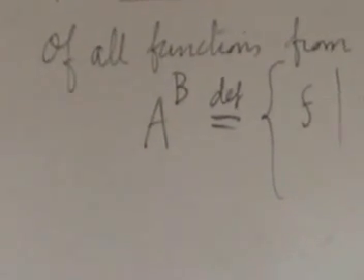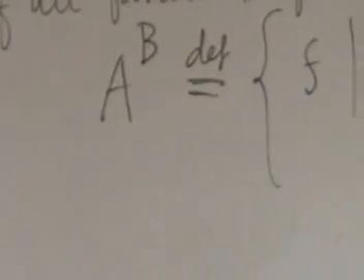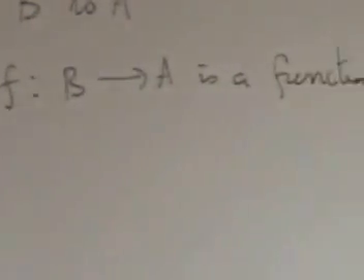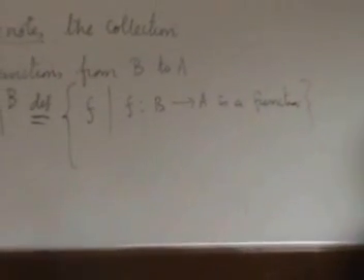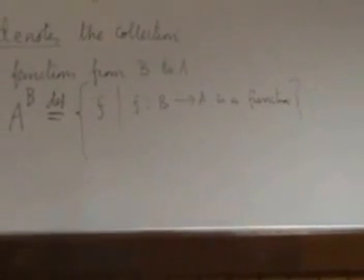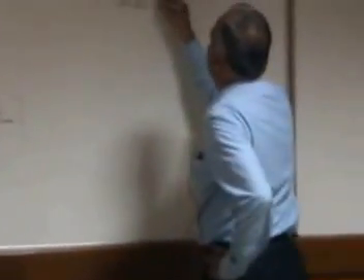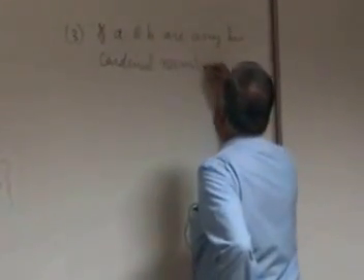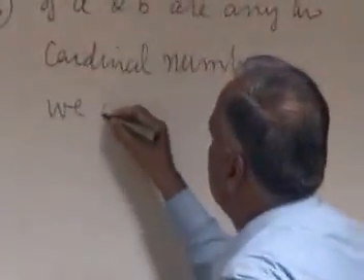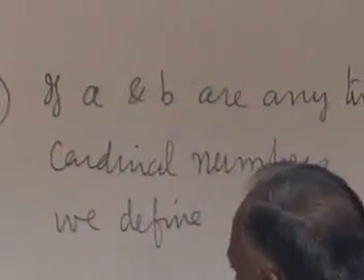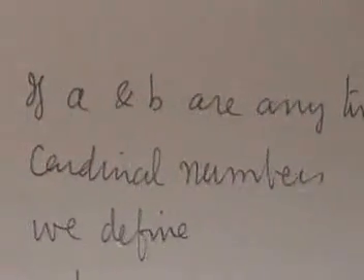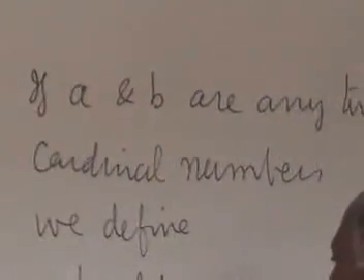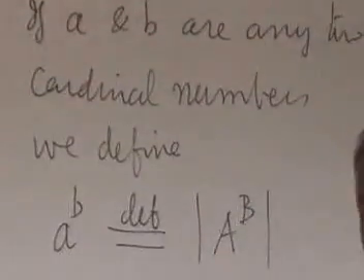The collection of all F such that F is a function from B to A. That's just the notation, A to the power of B, A raised to B or A exponent B. With this notation, if A and B are any two cardinal numbers, we define again A raised to the power B by definition to be the cardinality of the collection of all these functions.